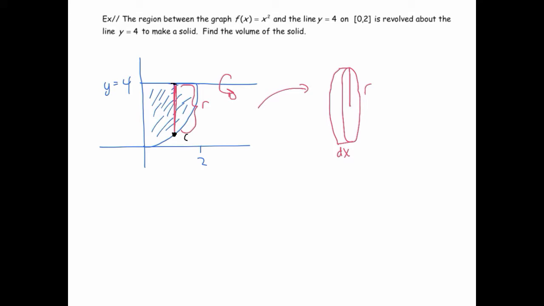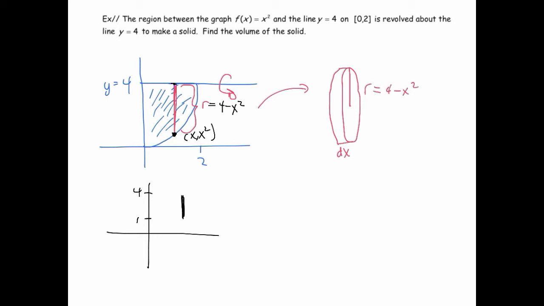So that point has coordinates x, x squared, since it's on the curve. So this distance is going to be 4 minus x squared, right? Just like I often use this example, if I asked you what this length was right here, you would just do 4 minus 1. That's all we're doing. So 4 minus x squared is the expression for the radius.